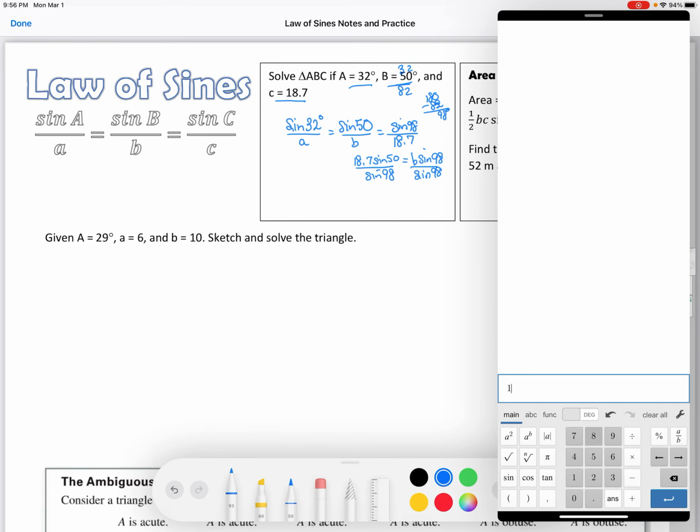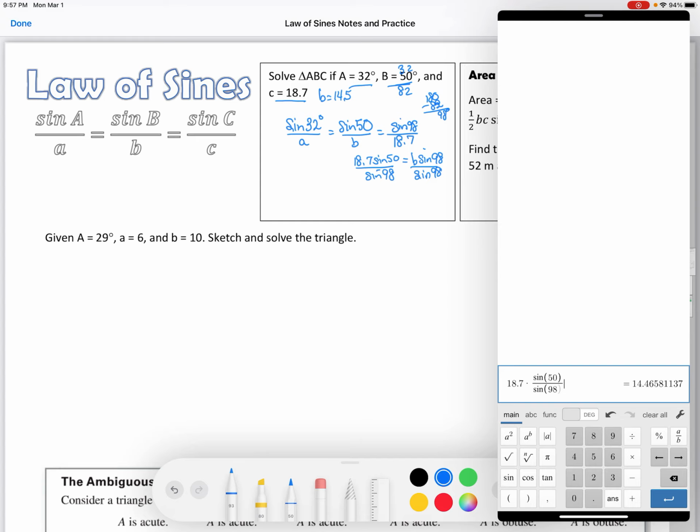And we're going to take 18.7 times the sine of 50, and we'll divide that by the sine of 98. And we get 14.465, so 14.5. All right, so side B is 14.5.